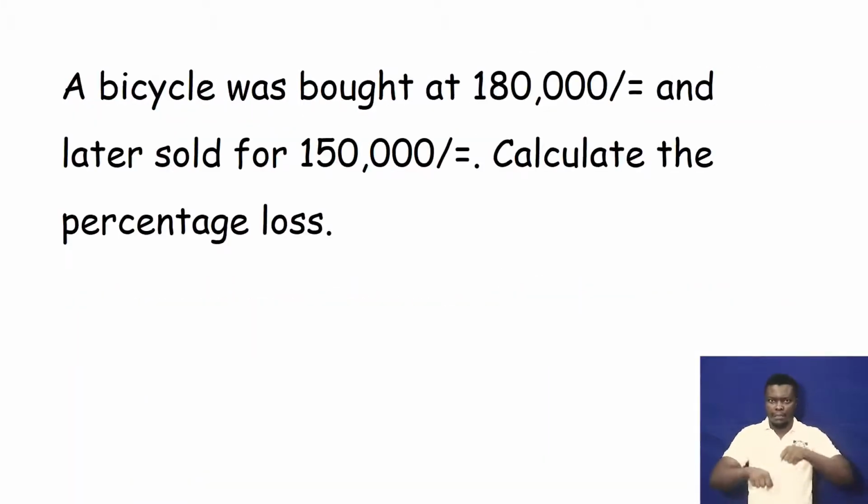Okay, let's have a look at an example. A bicycle was bought at 180,000 Uganda shillings and later sold at 150,000 Uganda shillings. Calculate the percentage loss. This question already shows us that in this business, the person who bought the bicycle made a loss.